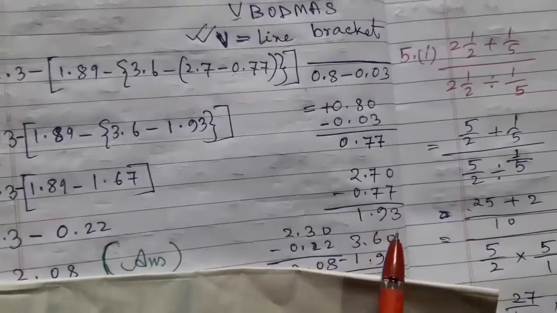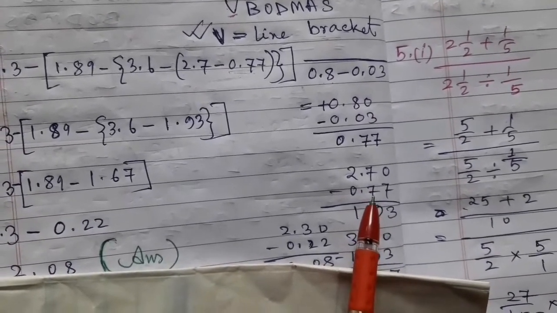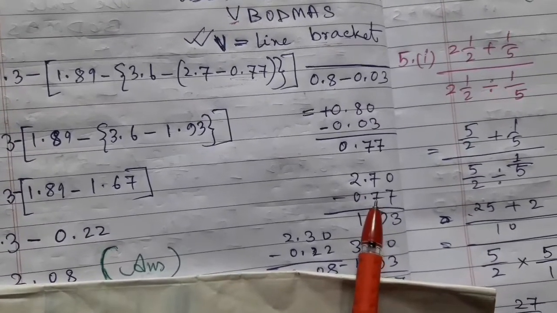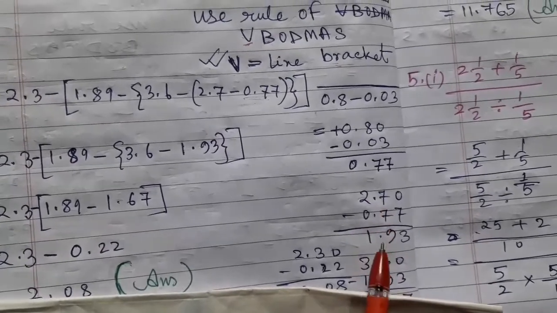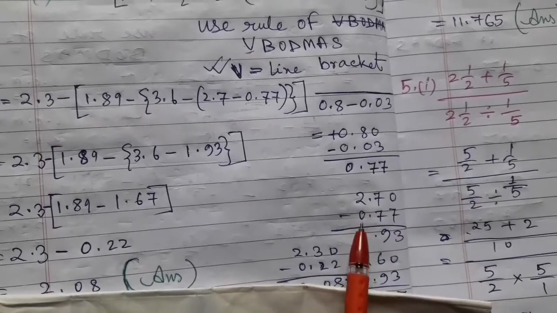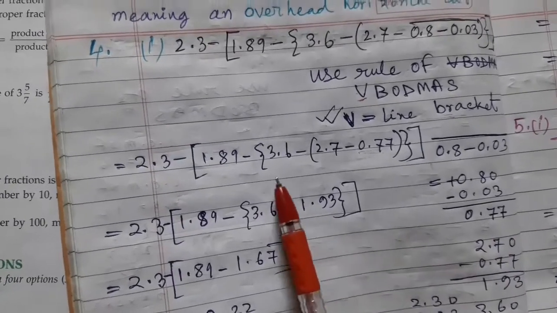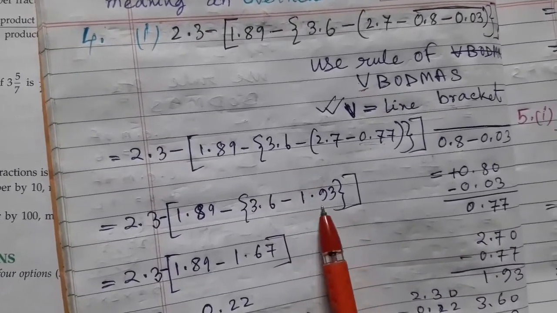10 minus 7 is 3, carry 1, 8 plus 1, 7 plus 1 is 8, 17 minus 8 is 9, carry 1, 0 plus 1 is 1, 2 minus 1 is 1. Okay, write it: 1.93. Next, 3.6, subtract 1.93.